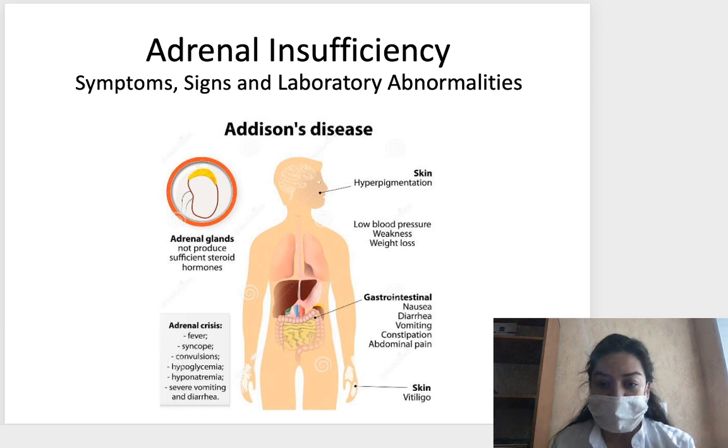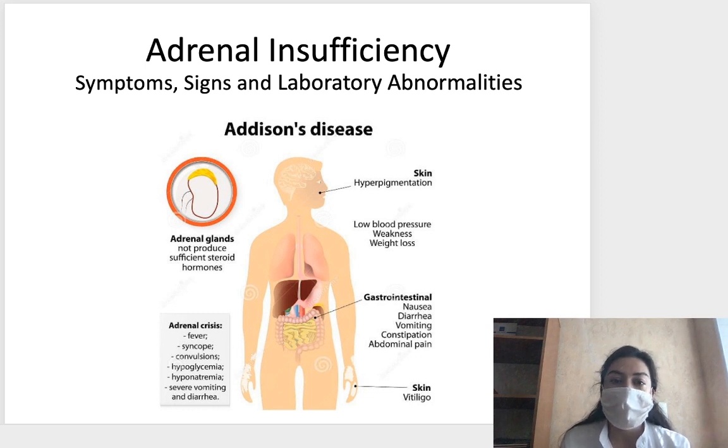And schematically, one more time, we can see, first of all, skin changes: hyperpigmentation, mostly on extensor surfaces. It usually looks like the patient returned from the seaside with a very dark skin color, but the patient was not at the seaside. In some cases, we see discoloration of skin, like you can see in this patient. It is local discoloration that we call vitiligo.